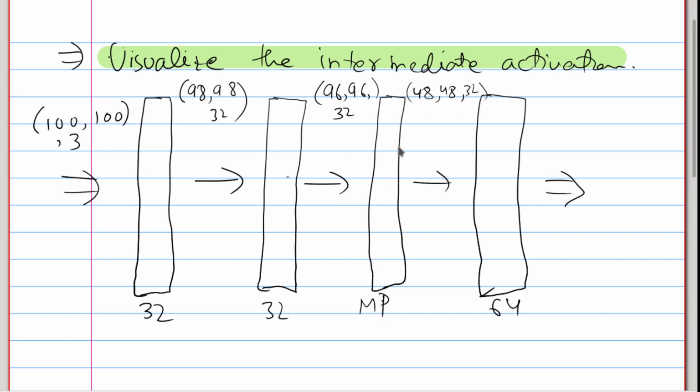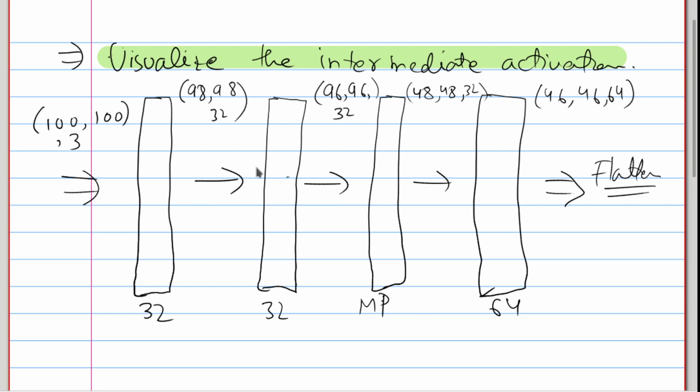Max pooling halves the pixels. And then finally you will get 46, 46, and 64. And after this you will do a flattening.